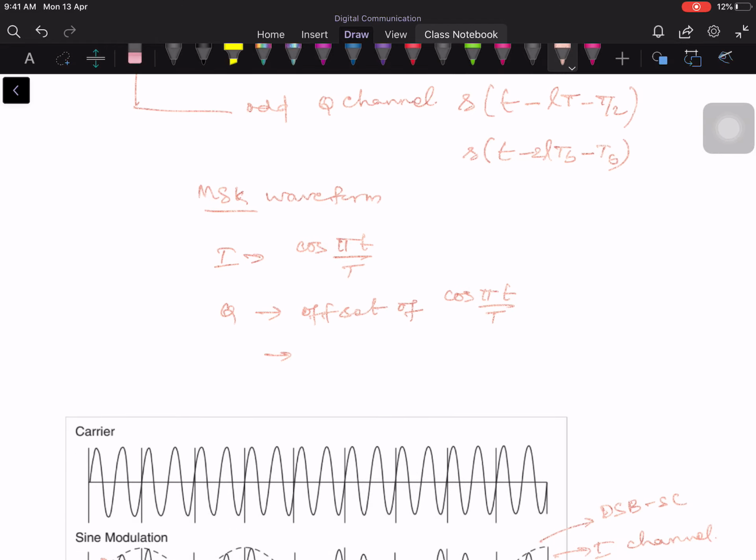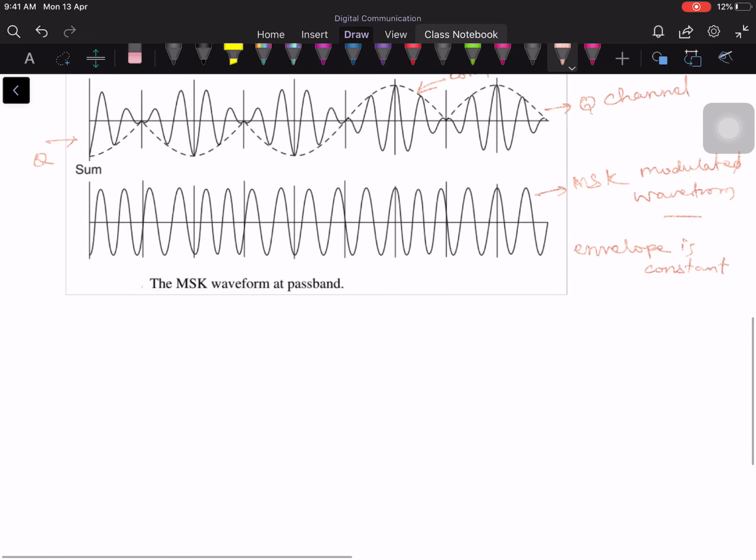Therefore, the Q channel uses a T by 2 delayed version of cos of pi t by capital T. So the delayed version means S of t minus LT minus T by 2.